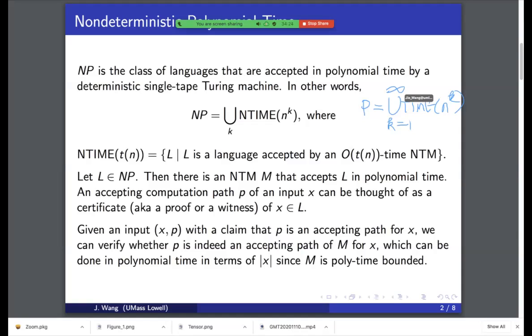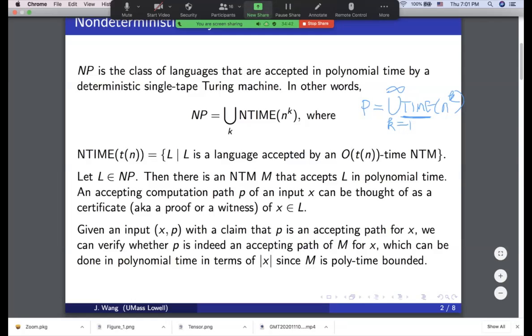So that's deterministic. NP is defined in a similar way, but using non-deterministic time. So non-deterministic time has the following property. So let me start.